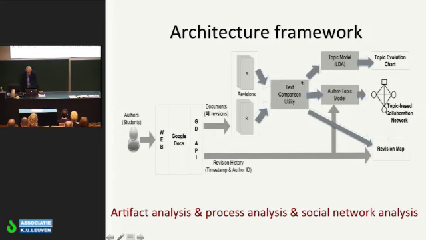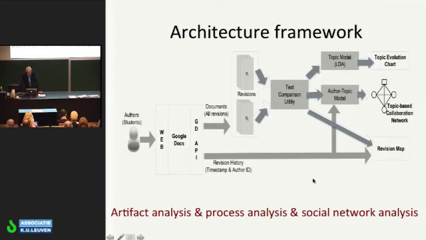But for the other two visualizations, the topic evolution chart and the topic collaboration network, we have to do fairly extensive pre-processing and further processing, not only to identify topics as latent constructs in the corpus, but also to deal with the intricacies of the Google API when it comes to storing revisions. More on that in the paper, and I'm not going into this in detail. Anyway, at the end, we end up with these visualizations that I will explain in a second a bit more.